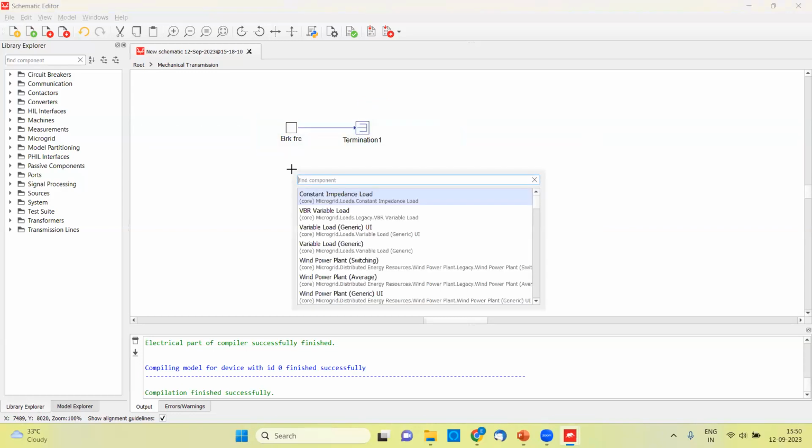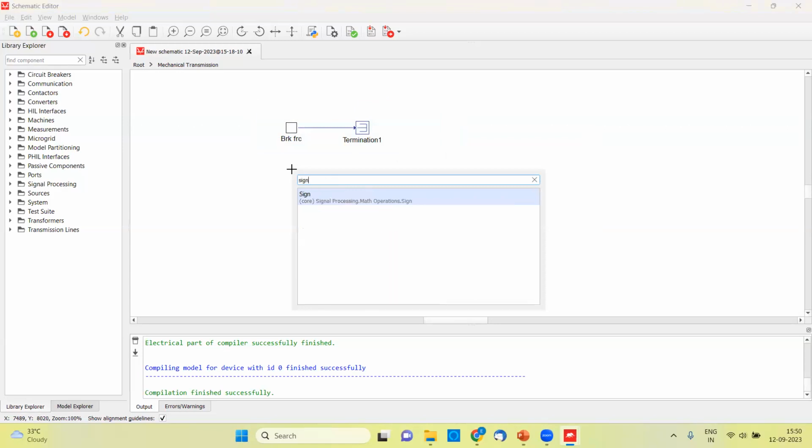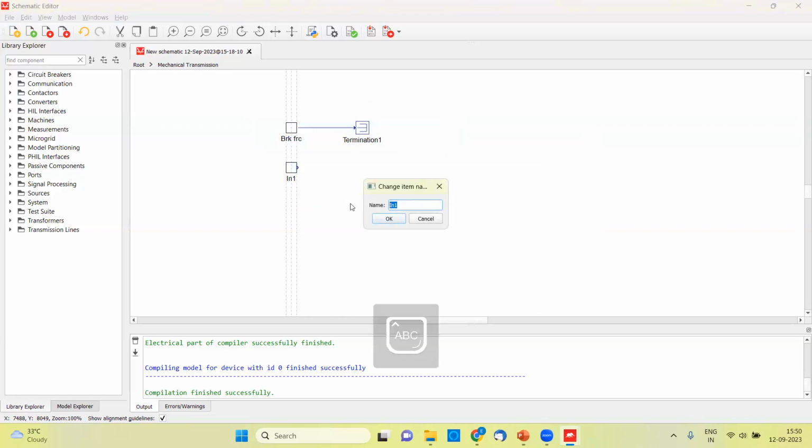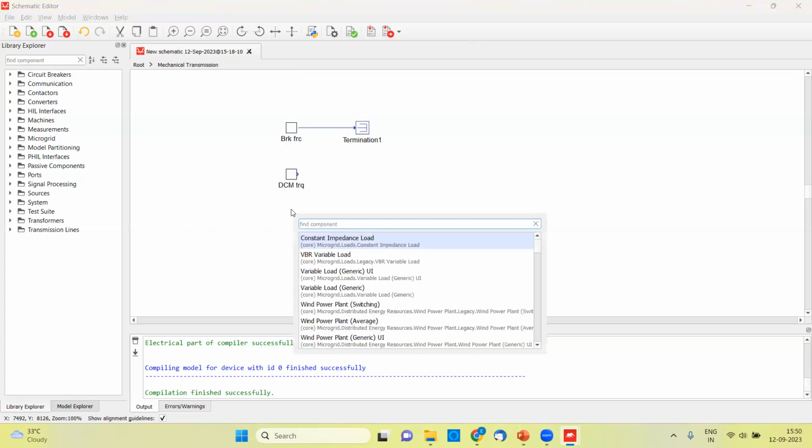Next we have a few more inputs. The next input which we are taking is the DCM torque. We generated some torque in the previous subsystem, and we are going to take it as a reference input for this mechanical transmission. And there is one output block, a signal output.